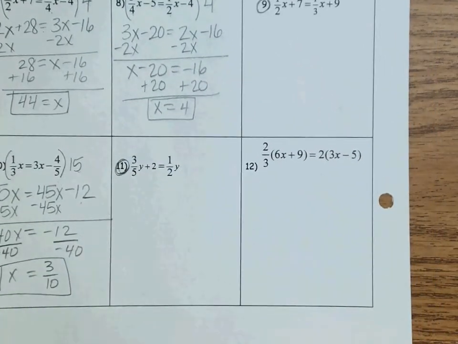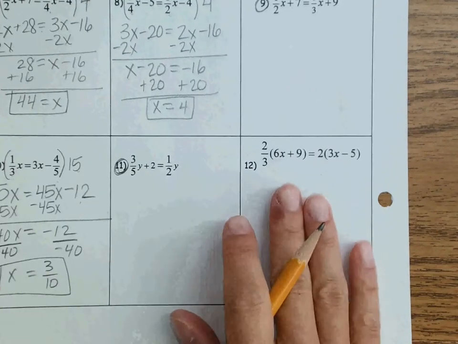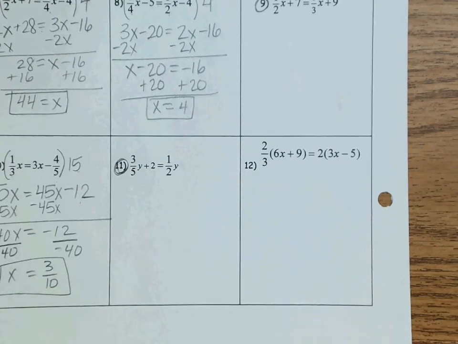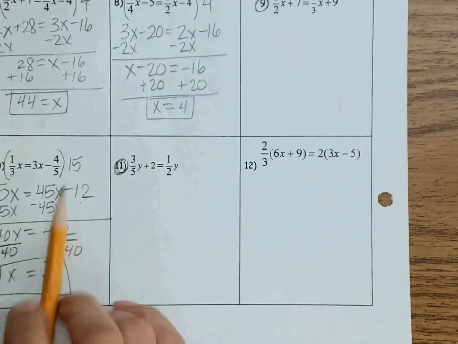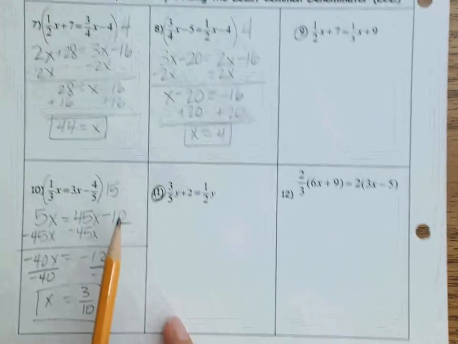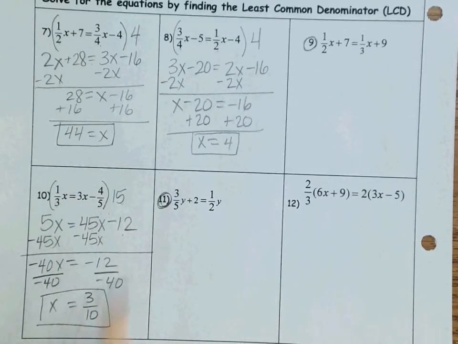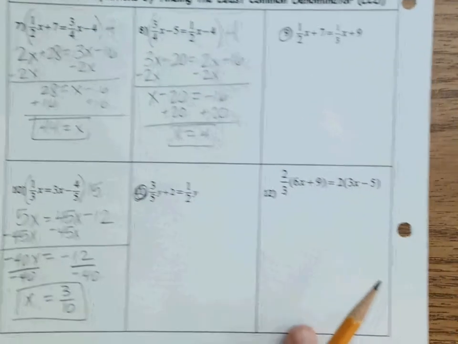And then the last one I'll do on this video. On this last one, what I want to show you is that before you multiply by any LCDs like we did in 7, 8, and 10, if you see parentheses, you have to distribute first. That is a must.